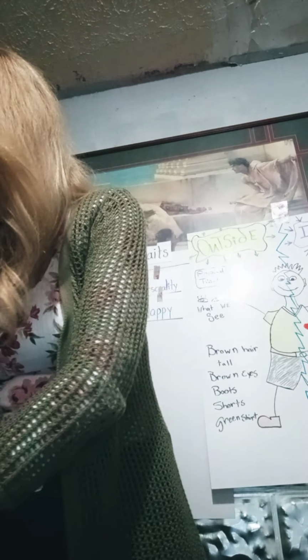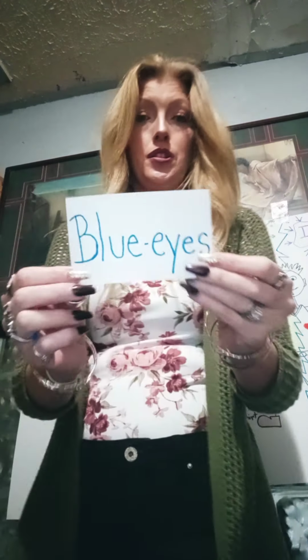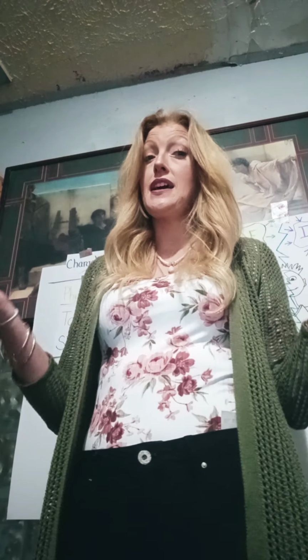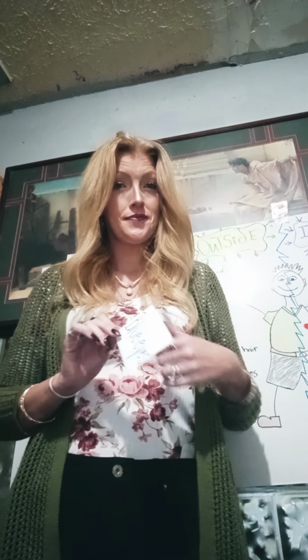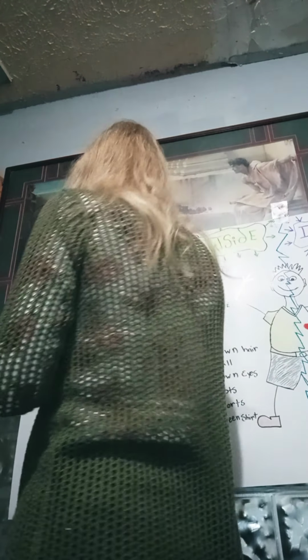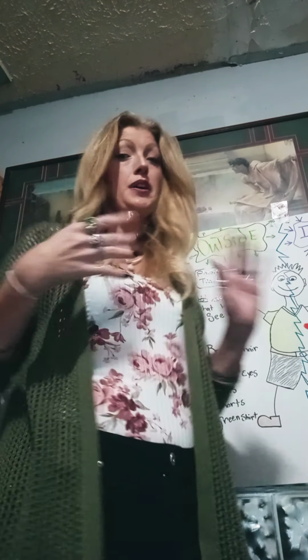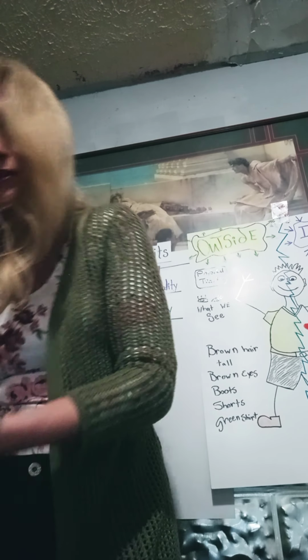Let's see. What about this one? Blue eyes. Is that a personality or is that a physical trait? Physical. Physical. How do you know? Because they can't change how they look. Exactly. That's part of the exterior, the outside. What about, let's see. What about this one?